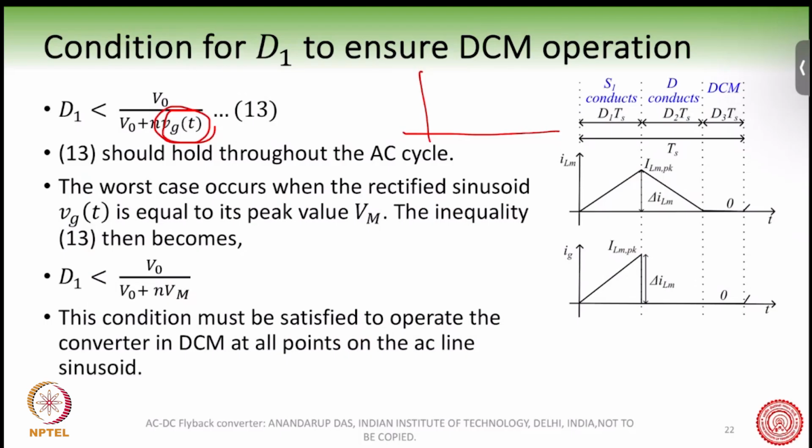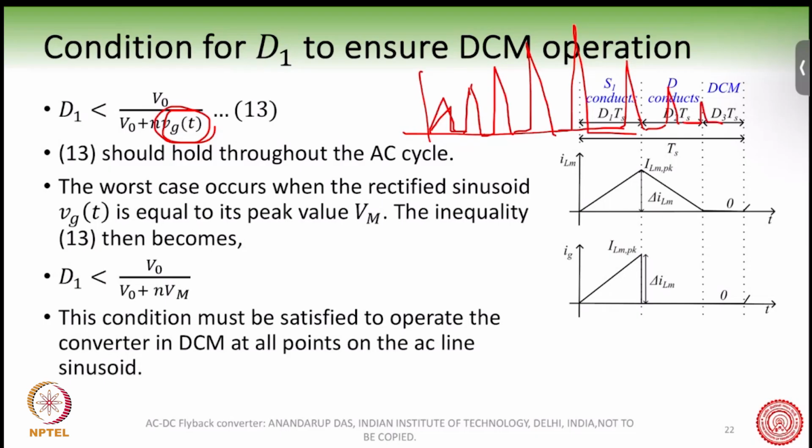So if we have to make sure, remember this ILM current is something like this. The ILM current is going to increase, it maximizes at the peak, and then it starts to fall.